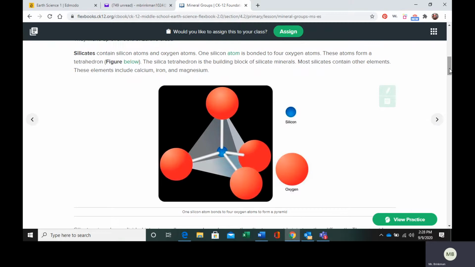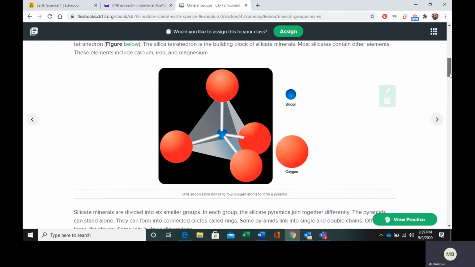One silicon is bonded to 4 oxygen atoms and they form this tetrahedron shape right here. The silica tetrahedron is the building block of silicate minerals. Most silicates contain other elements as well, so they might contain calcium, iron, or magnesium.